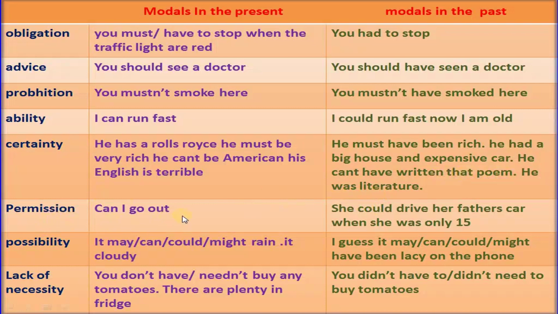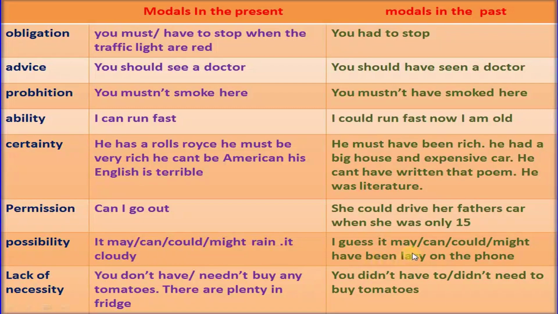Permission. Can I go out? She could drive her father's car when she was only 15. Possibility. It may or can or could or might rain. It's cloudy. I guess it may, can, could, might have been lazy on the phone.